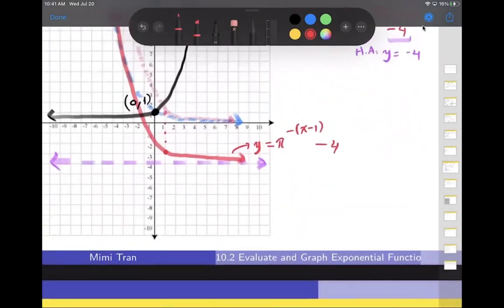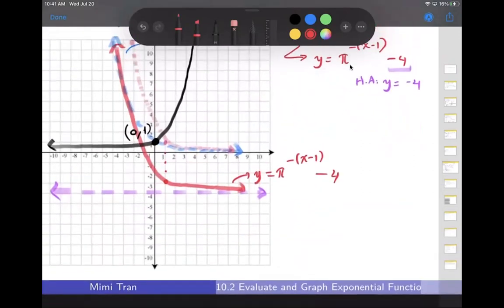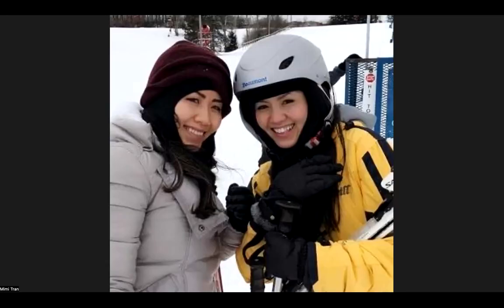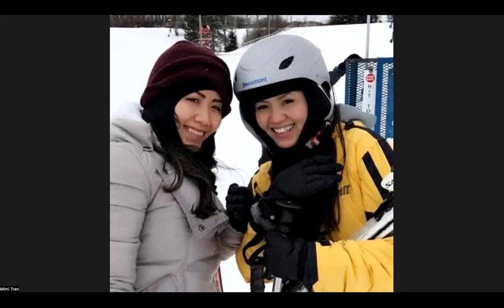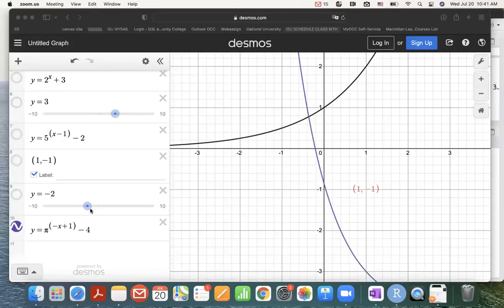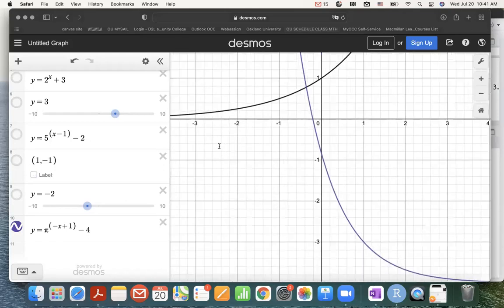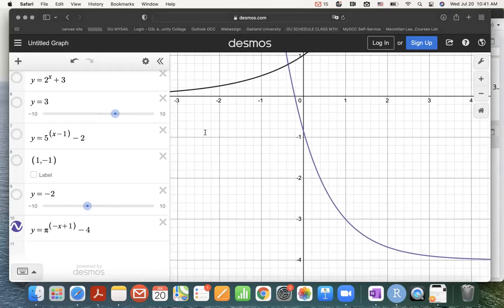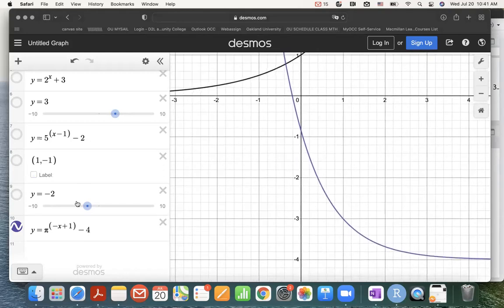And let's take a look at the decimals. See if we got it right. Right there. I think we got it right. We got it right.